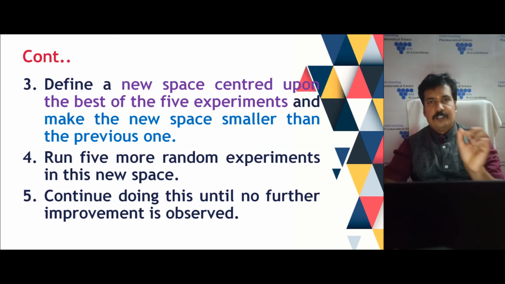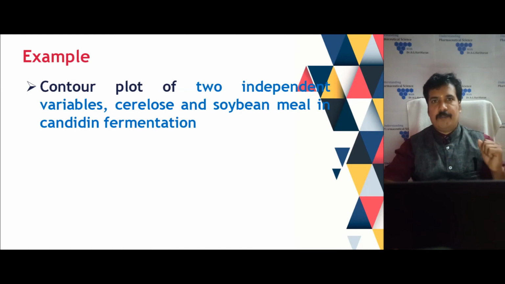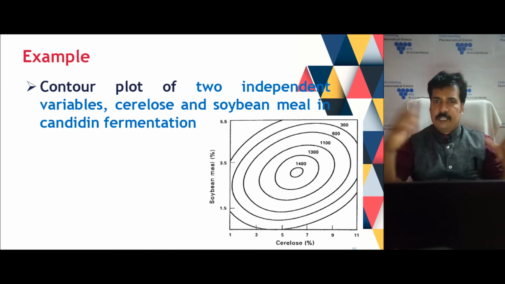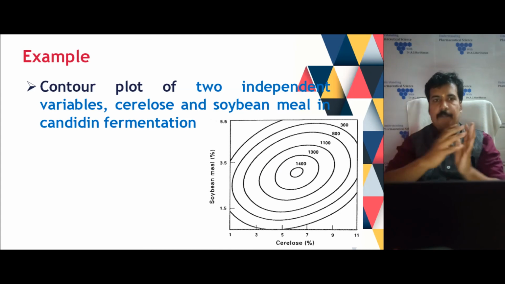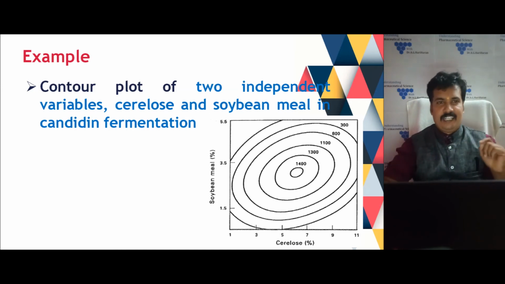I have shown this in a simple example with 2 independent variables of fermentation media nutrients, cellulose and soybean meal. In the fermentation, we first have a concentration of cellulose and soybean, we get a maximum, and then the circle is concentrated step by step until we reach a fixed optimized level. So this is Hendrick's method.